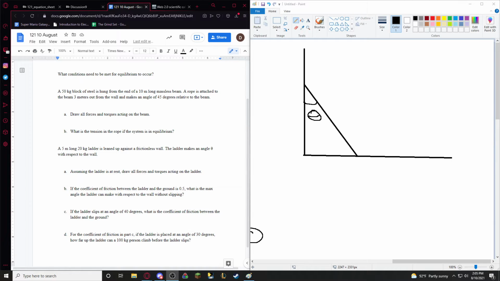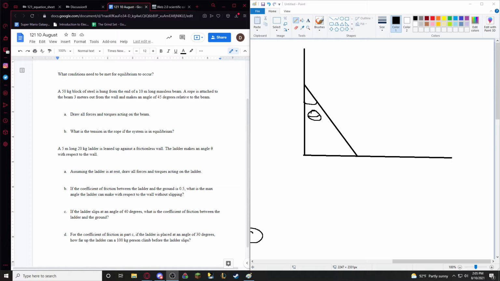All right, so we have our ladder leaning up against our frictionless wall, and the ladder is making an angle theta with respect to the wall. So what are all of the forces acting on our ladder? There are just 3 spots where forces act on the ladder. There's the weight force of the ladder.